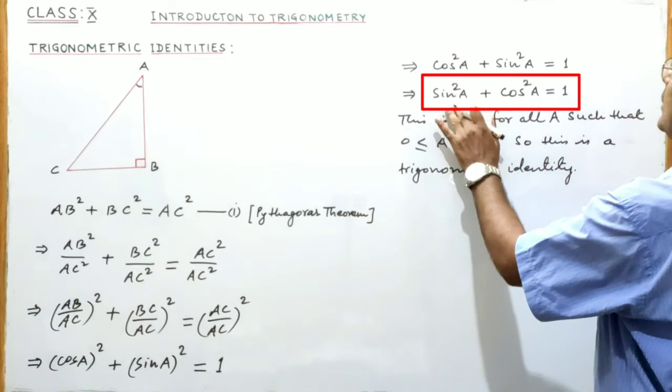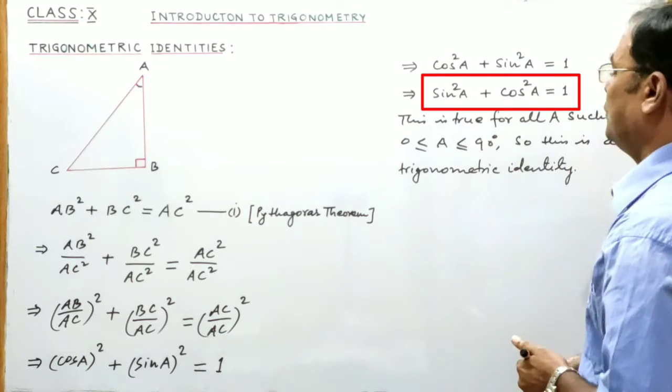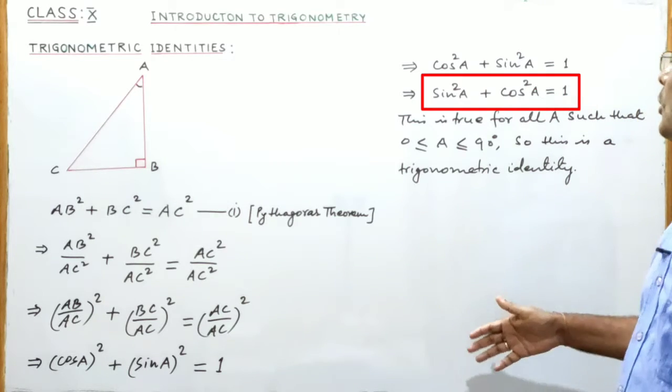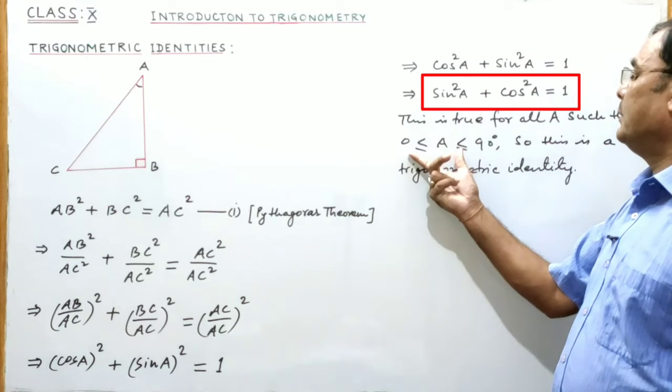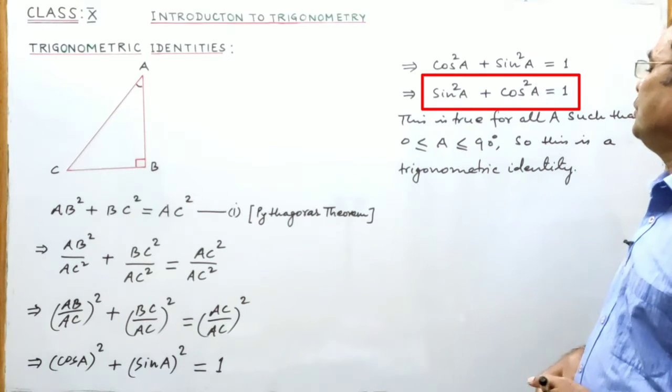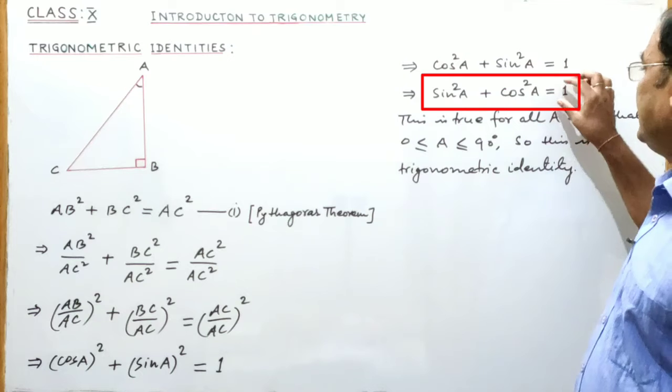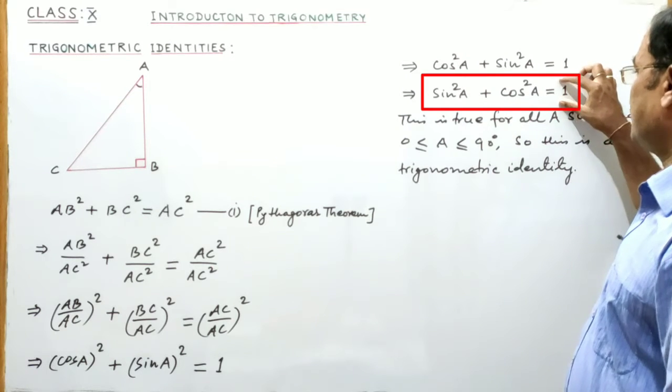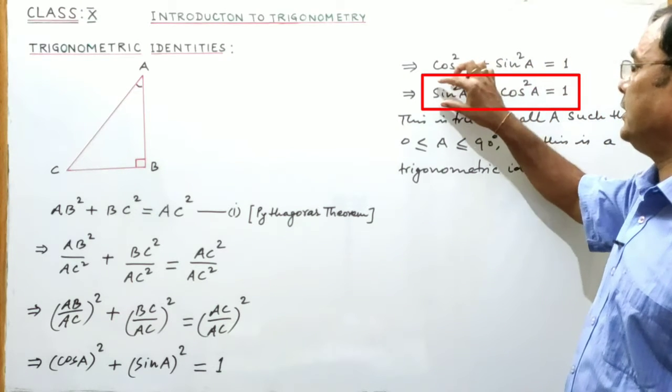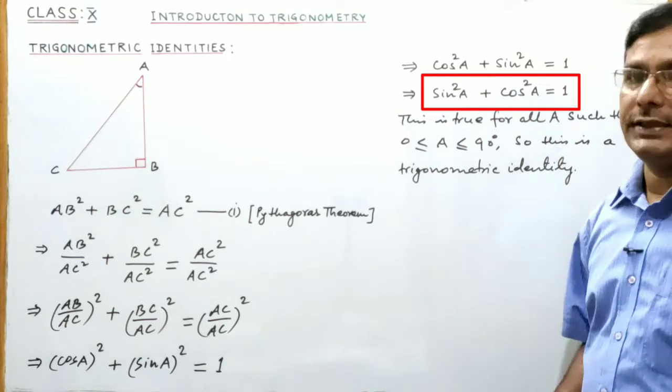Because this sin square A plus cos square A equal to 1 is true for all angles A from 0 degree to 90 degrees, that is why sin square A plus cos square A equal to 1 is a trigonometric identity.